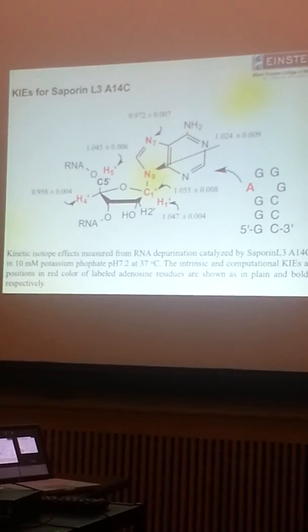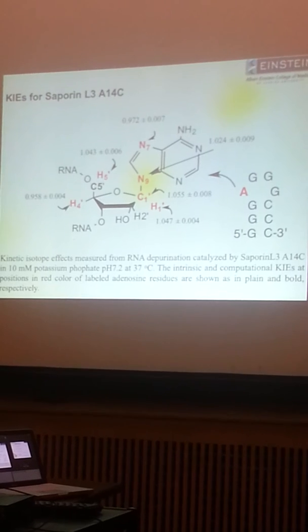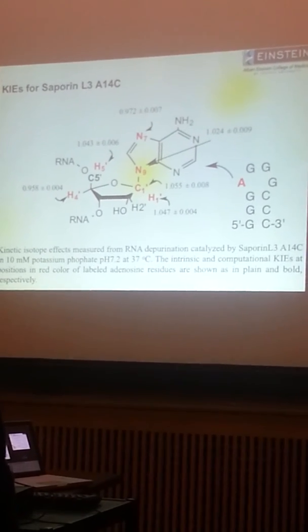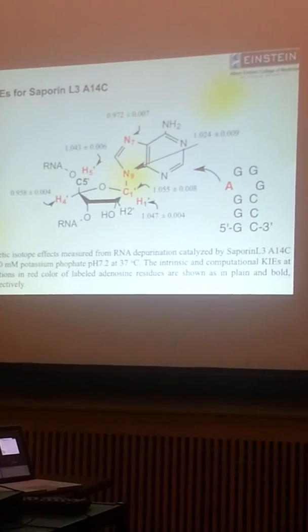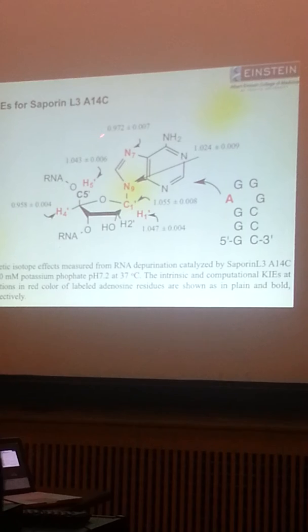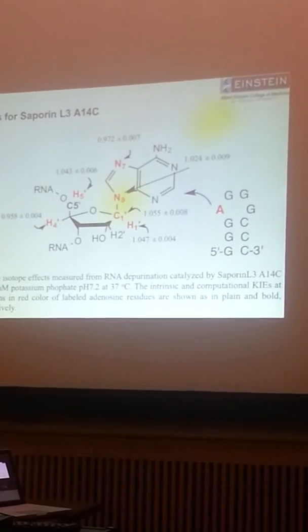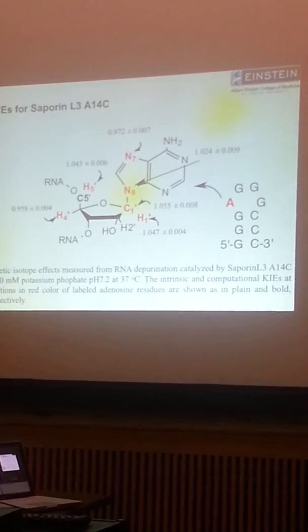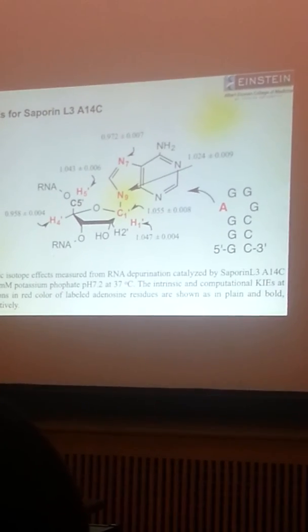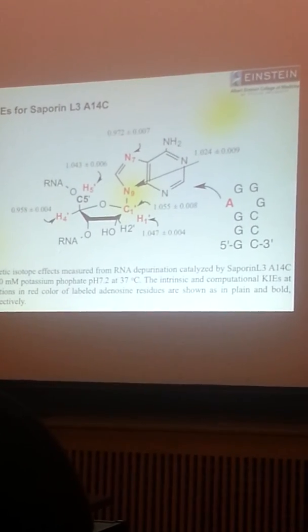And for the N7, you will get the inverse KIE. If the KIE is less than 1, we call it the inverse KIE. And the inverse KIE means in the transition state, the N7 will be protonated. Because after you protonate the N7, the vibration of the N7 will be stiffer, the stiffness of the N7 will increase.